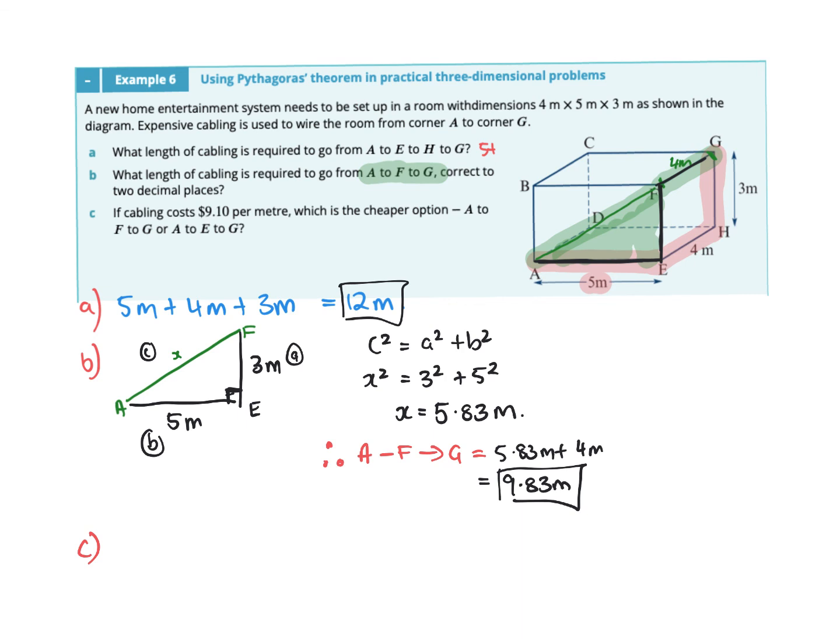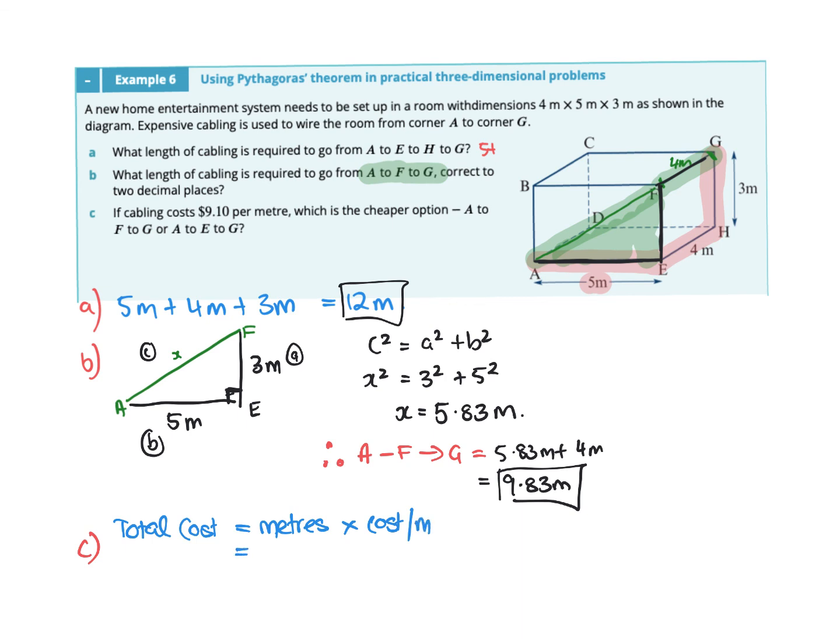So here in question C, if the cabling costs $9.10 per metre, which one is cheaper? So if you want to work out the total cost, so we can compare, total cost equals the metres times the cost per metre.